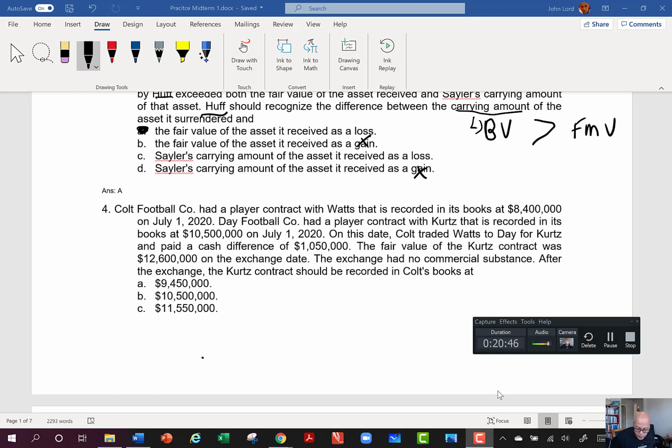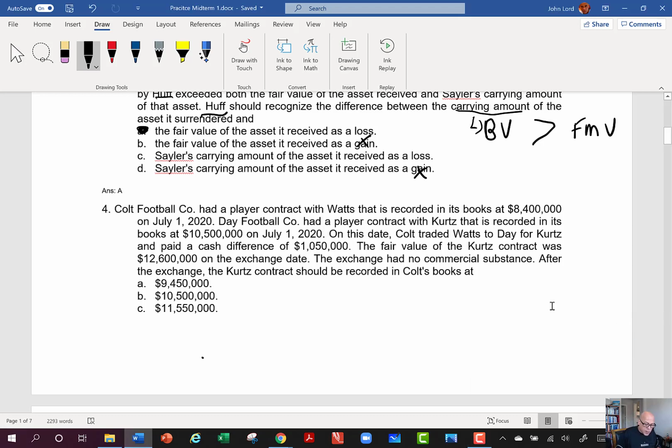Okay, so let's take a look at this question number 4. Colt Company had a player contract with Watts that is recorded in its books at $8,400,000 on July 1st, 2020.